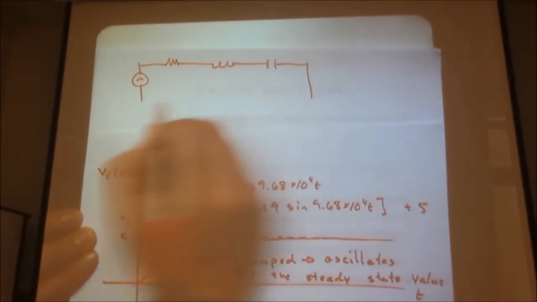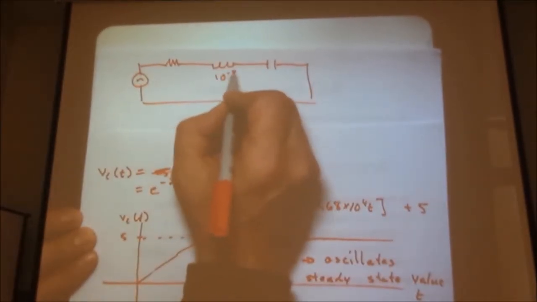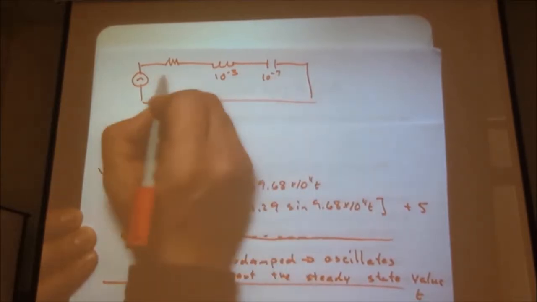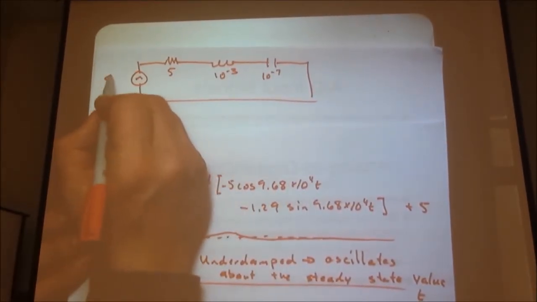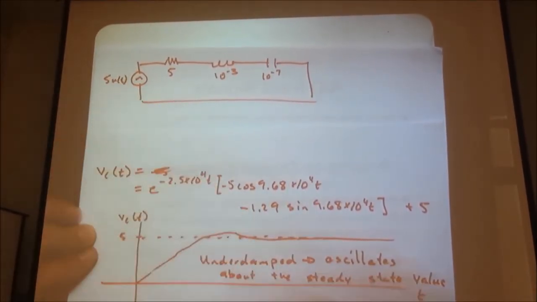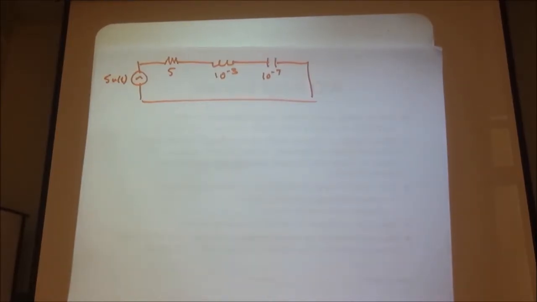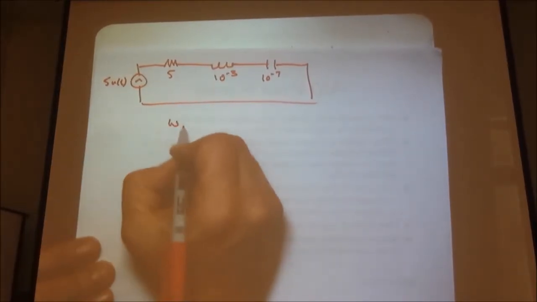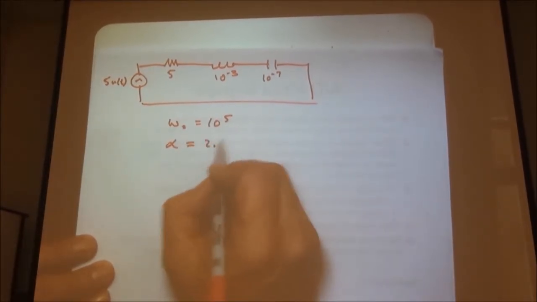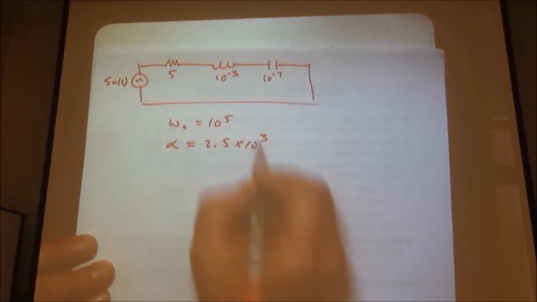So again, same problem. We love this circuit. 5 ohms. What can we say about this? Well, again, omega naught, 10 to the 5, alpha, in this case, 2.5 times 10 to the 3.